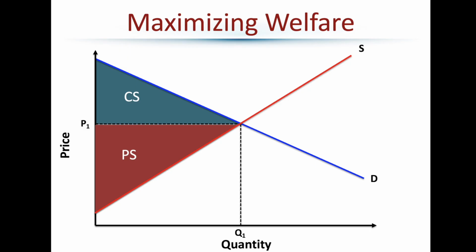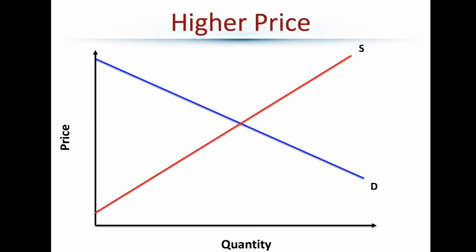Maximizing welfare means that we operate at the equilibrium, in which consumer surplus and producer surplus are at their highest, and altogether the total economic surplus is at its highest. If we were to impose a higher price in this market, which is called a price floor, the consumer surplus would suffer.